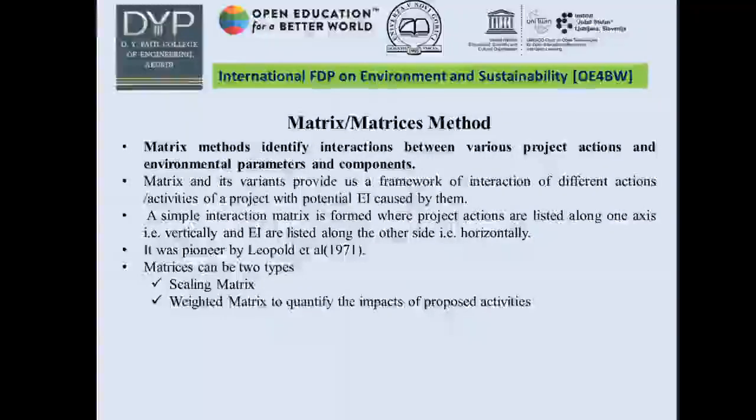The matrix method incorporates a list of project activities with a checklist of environmental components that might be affected by these activities. The matrix can be of two types: a scaling matrix and a weighted matrix to quantify the impact of proposed activities.